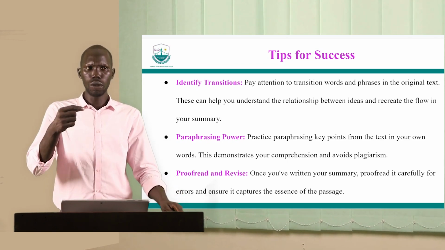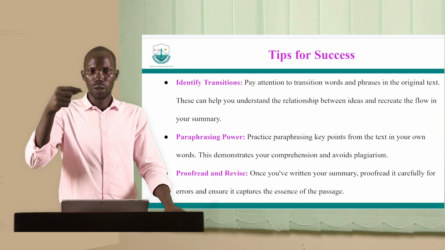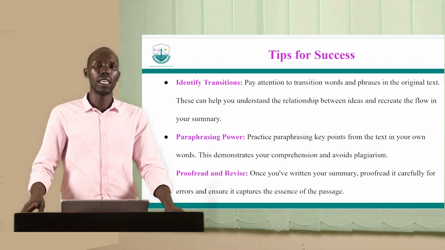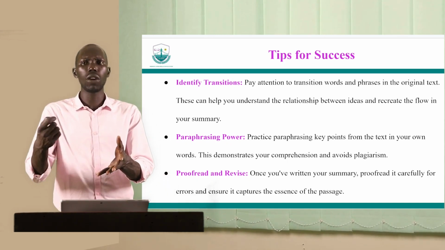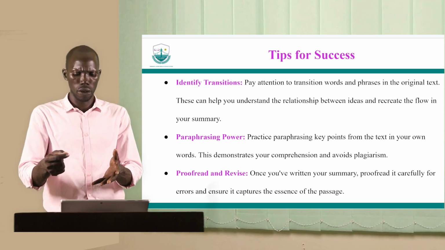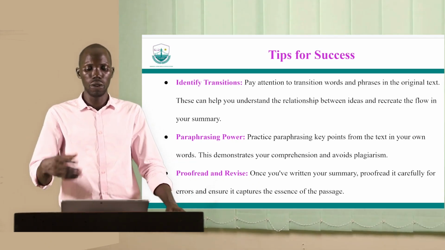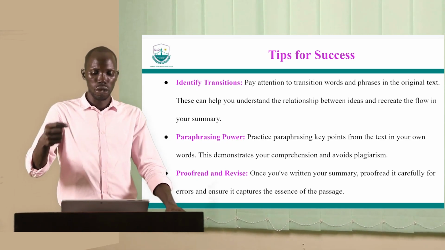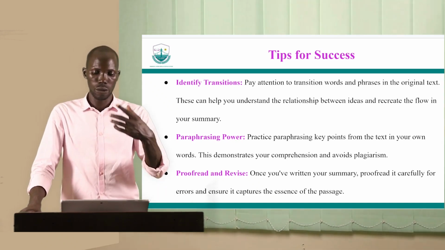And then you too should note those points that were presented using the transition markers that the author had in their initial text. So if you fail to identify the points, you might write fewer than the required points. Assuming the passage has 8 points and you only use 4, that means you have not hit the mark. So you should try to dance to the given tune. Identify transitions as one of the tips.